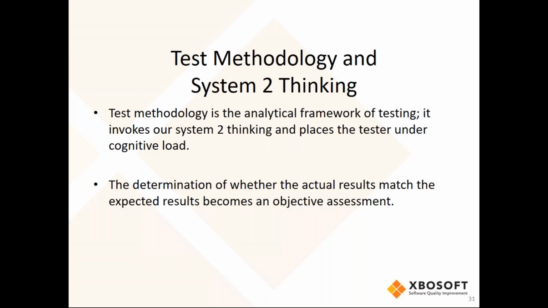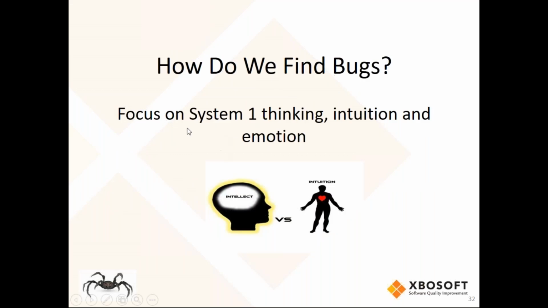I don't think that's really going to help us, because this is what we do. It's our test methodology, our analytical framework. Everything is geared to doing System 2. So I think we need to focus more on System 1.